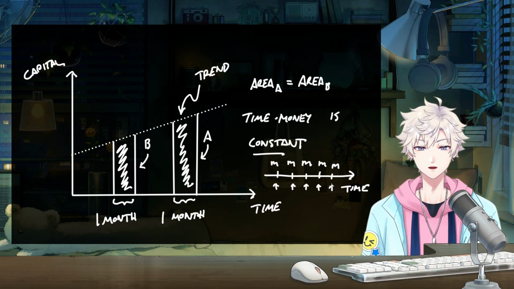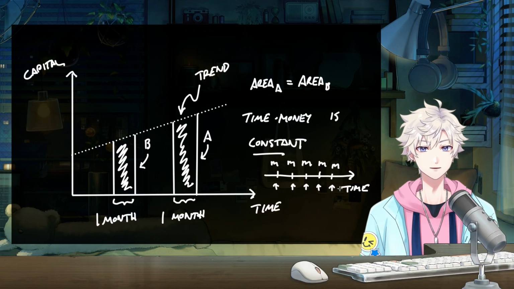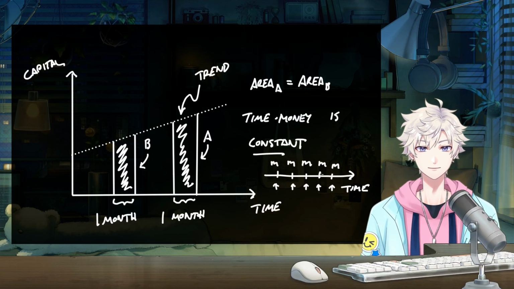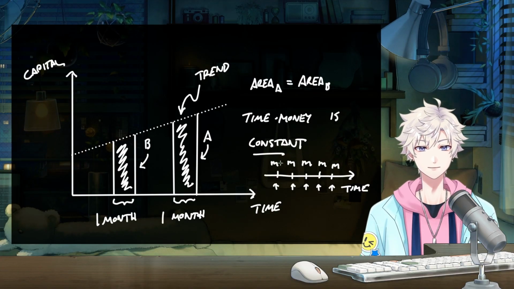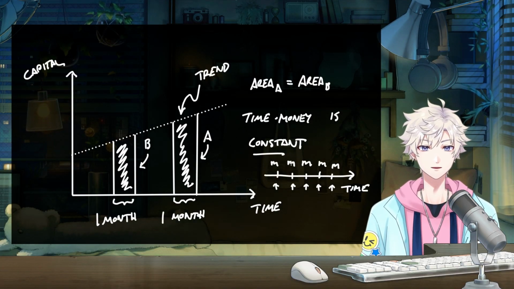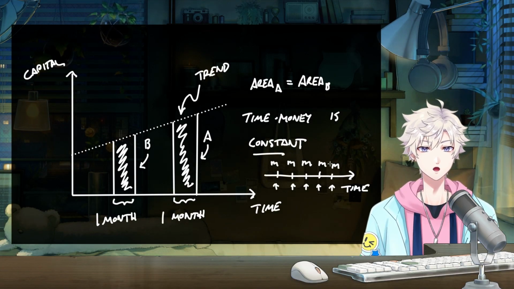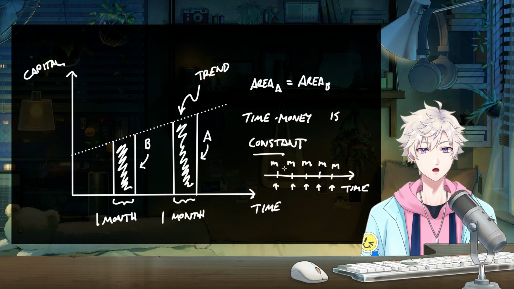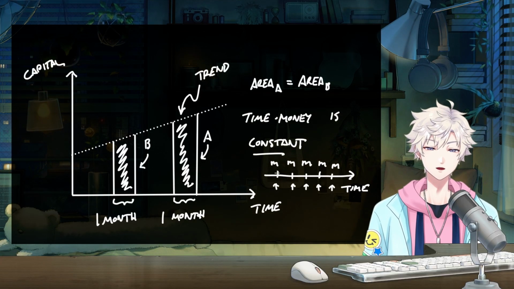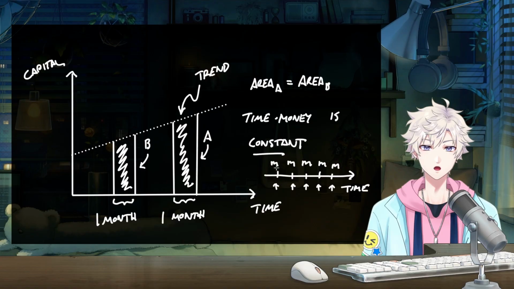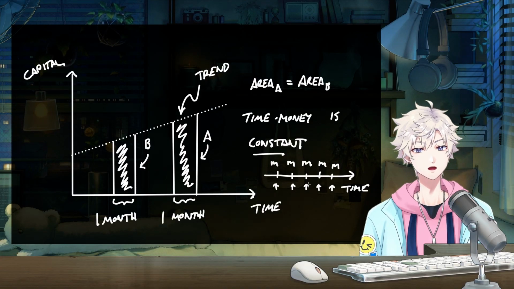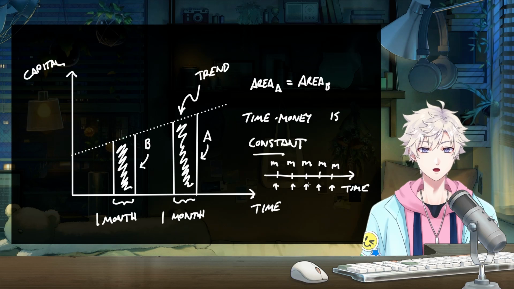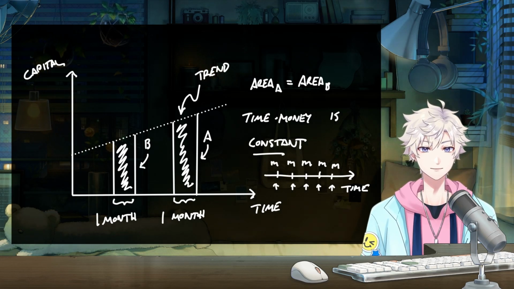This would be equivalent to walking down the street and seeing a row of quarters, all spaced equally apart. You walk every 4 steps and you pick up a quarter, right? So the example demonstrates that as time moves forward, the rate at which you're getting this money is constant.